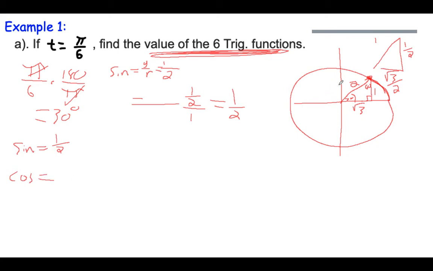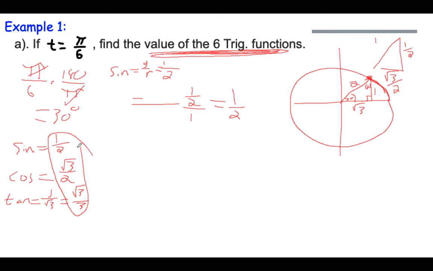Cosine would be adjacent over hypotenuse, so square root of 3 over 2. You could easily verify that would work here: square root of 3 over 2 divided by 1 is square root of 3 over 2. Tangent would be opposite over adjacent, so 1 over square root of 3. We rationalize, so square root of 3 over 3. So there's our main 3.